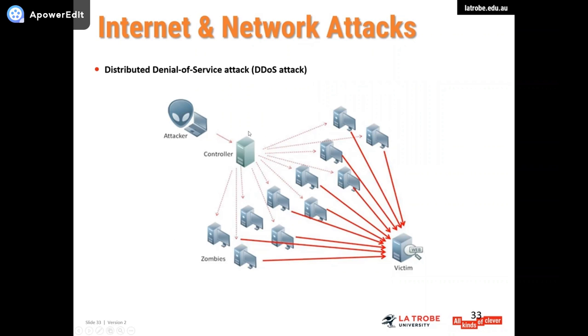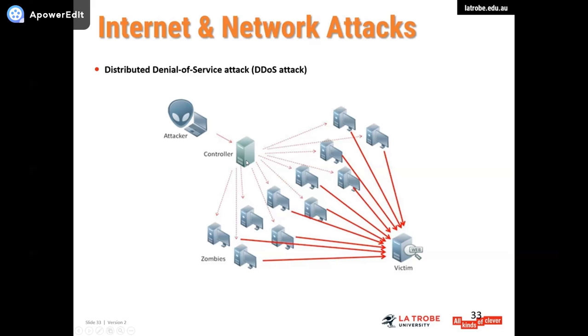So once this attack plan is made, for example, the attacker wants to attack some website, as I said before, he will send a command to the controller. And then the controller will send this command to all these zombies to let them know when and where to attack. So when the time comes, all these zombies will send requests, like normal requests, to this victim website.